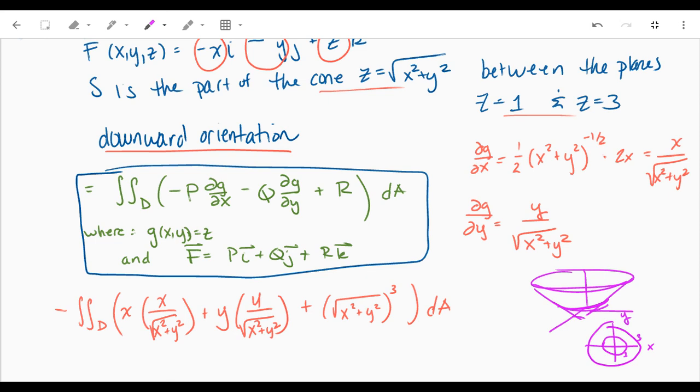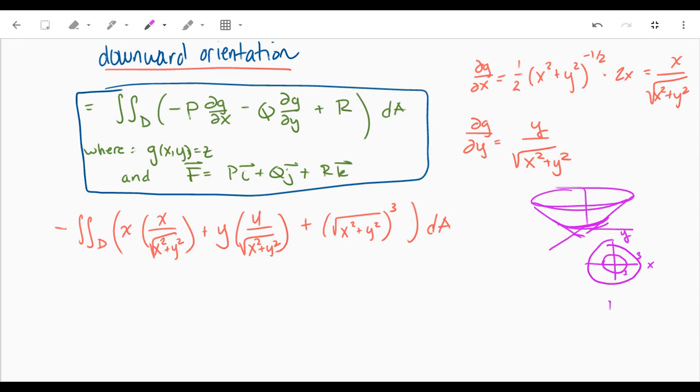Okay, we want to get the equations of those circles to get the limits of our integral, and that's where everything just kind of falls apart. Like, I don't want to do that, right? It's much easier if we do r is between 1 and 3, switching it to polar, right? And theta is between 0 and 2 pi. Okay, which then means that we have r dr d theta.